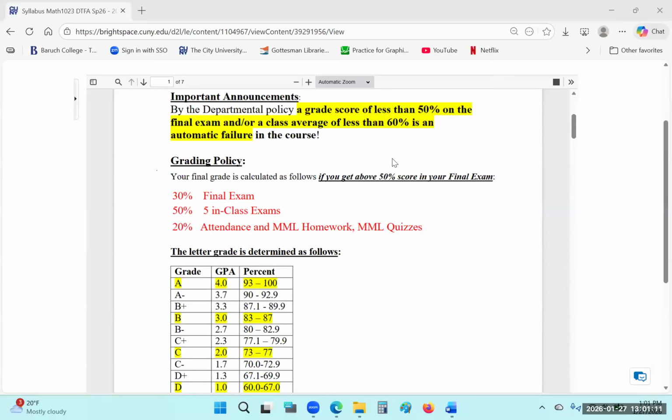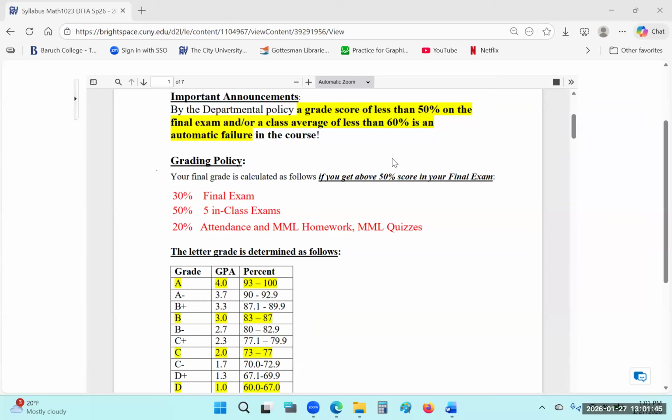And then if you pass the final exam, we are going to calculate your class average with your homework, quizzes, exams, final exam, everything. And that class average has to be 60% or above. So if you get 59%, you fail the class. So at least 50% in the final exam and at least 60% in class average. In order to pass this class, you need to fulfill these 2 requirements.